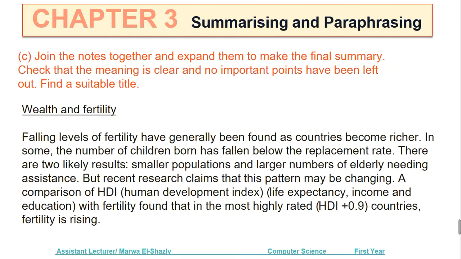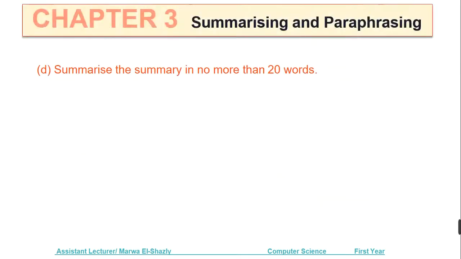I want you before just checking this answer حاول تعمل السمري depending on these notes that you have taken with me and come back to check it. Summarize the summary in more than 20 words. هنا احنا عندنا summary عايزين نعمل one sentence, almost one sentence to describe this paragraph.